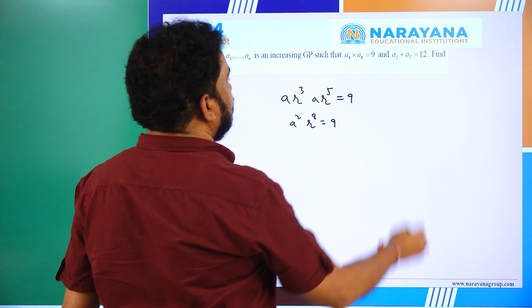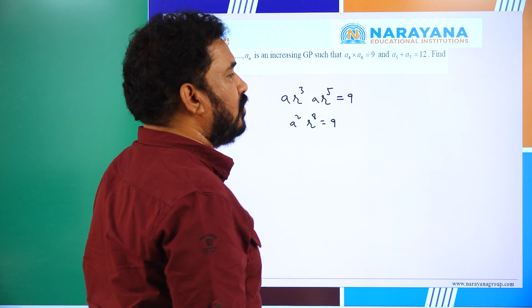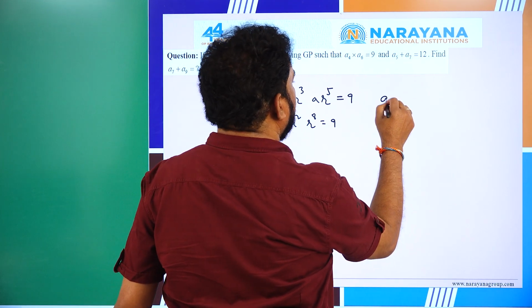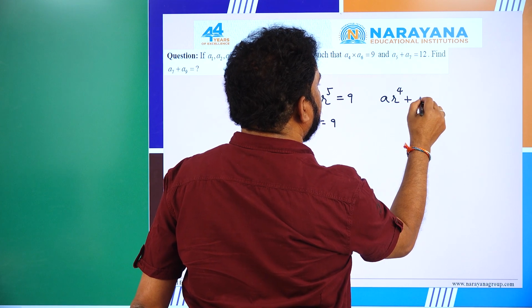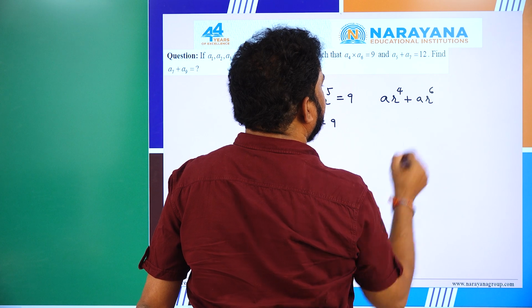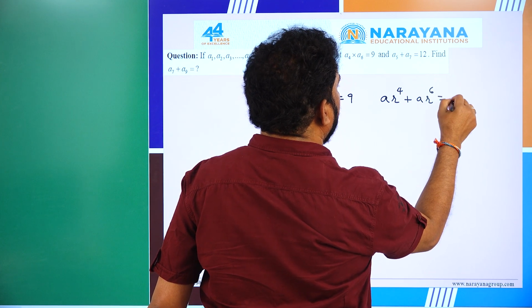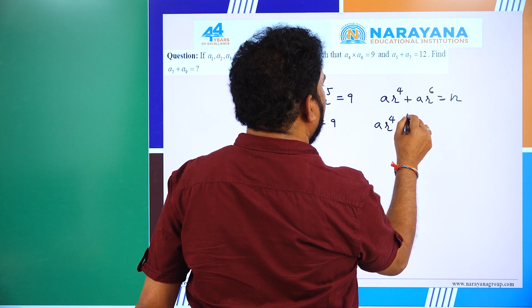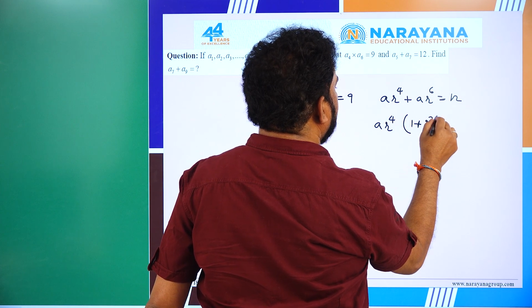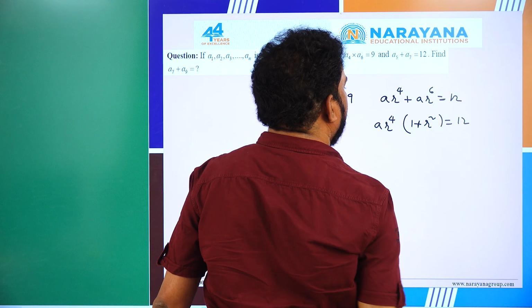Next, one more condition is given: a5 plus a7 is equal to 12. A5 means a r power 4 plus a r power 6 is equal to 12. If I take a r power 4 common, we get a r power 4 into 1 plus r square is equal to 12.